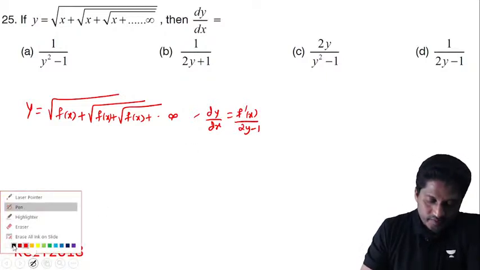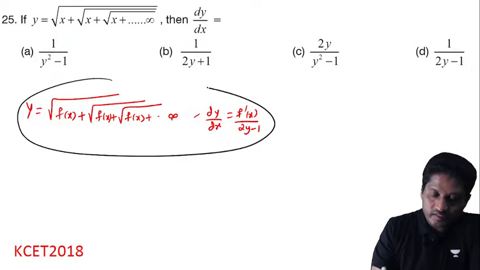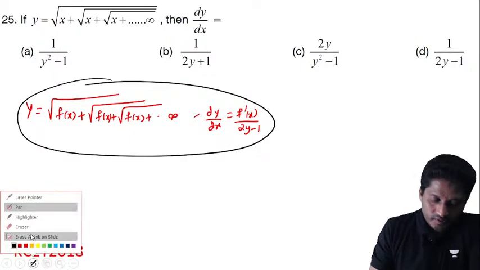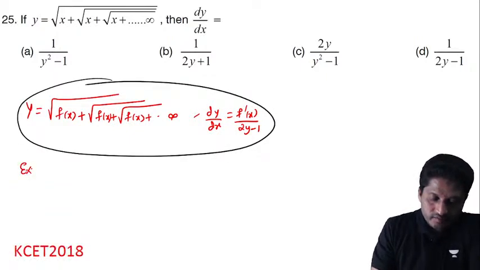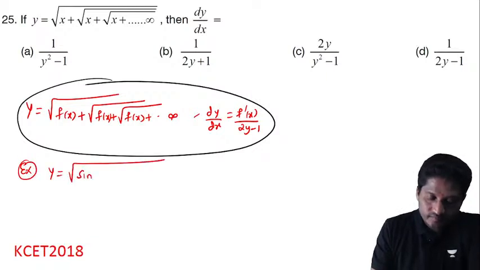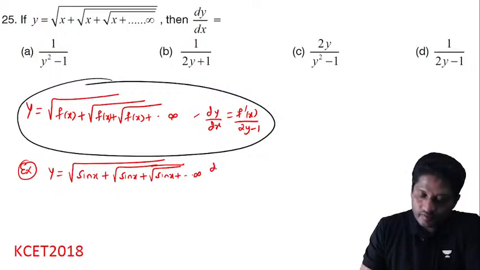Okay, let's say this is a general result. If you have y is equal to root of (sin x plus root sin x plus root sin x), and so on up to infinity, dy by dx is equal to the differentiation of sin x, which is cos x, so you get cos x divided by (2y minus 1).